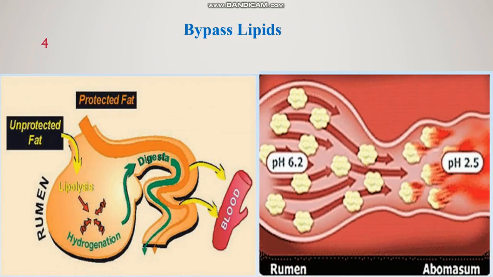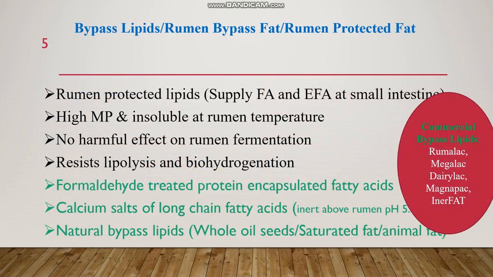Bypass lipids escape the process of lipolysis and biohydrogenation in the rumen and are digested in the abomasum of the animal. Bypass lipids are protected lipids that supply the fatty acids and essential fatty acids at the small intestine of the animal.